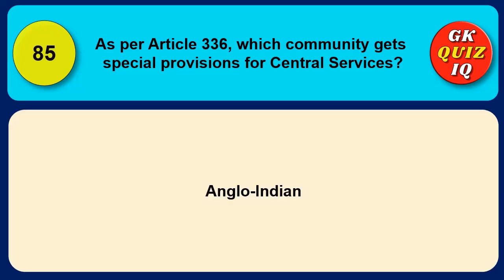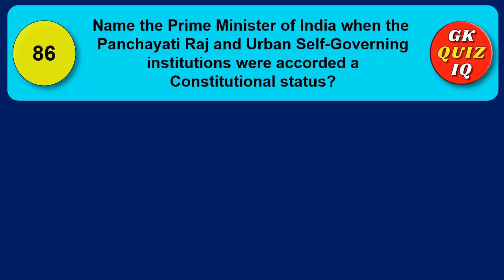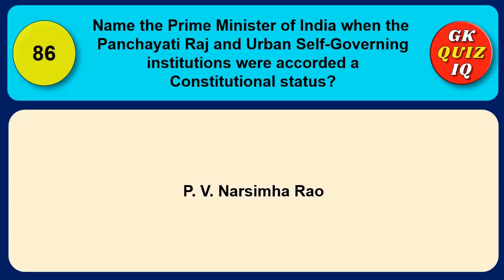As per Article 336, which community gets special provisions for central services? Anglo-Indian. Name the Prime Minister of India when the Panchayati Raj and urban self-governing institutions were accorded a constitutional status.